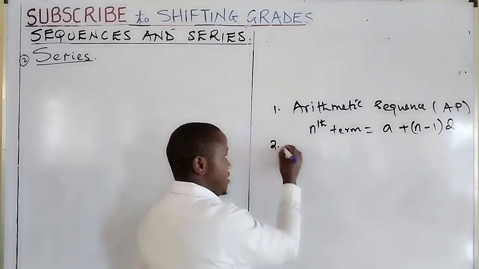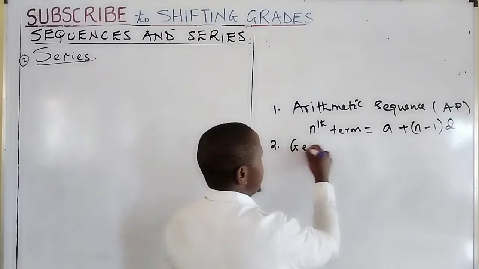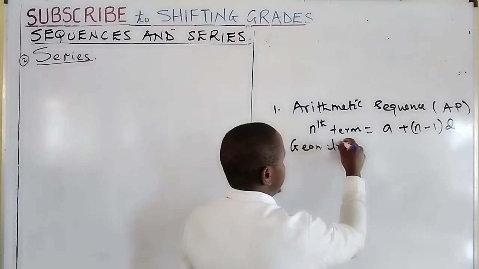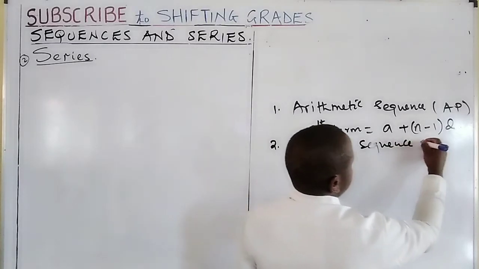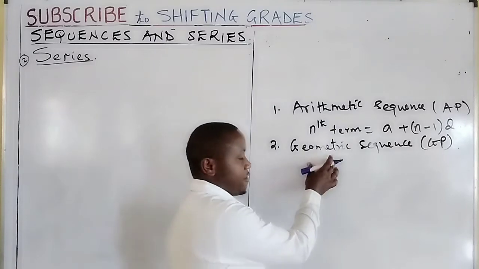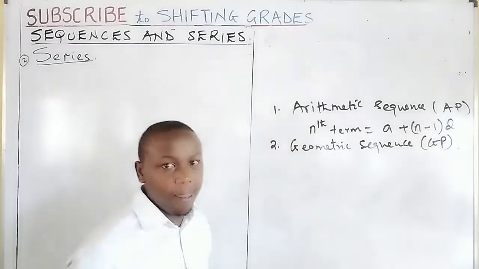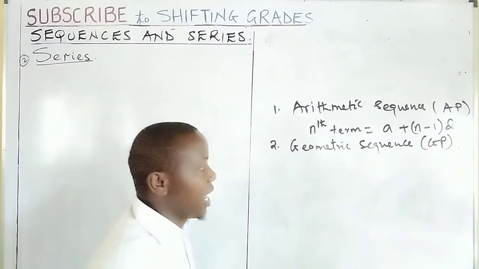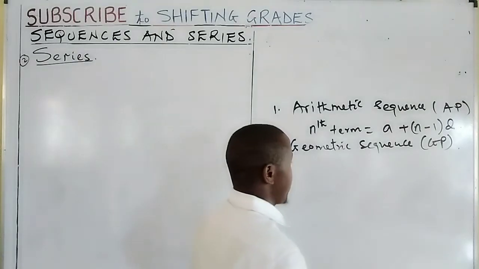The second type of sequences we said is the geometric sequences, GP, geometric progression, whereby from a term to the other you find that there is a certain scalar multiplier, and that common multiplier in all cases we call the common ratio.